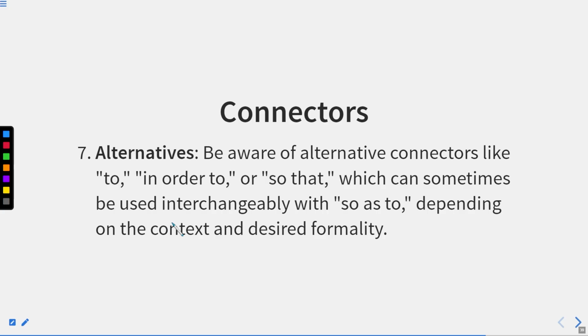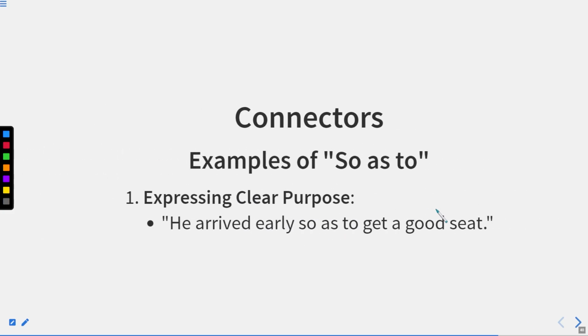It means if it is the opinion or the suggestion or the requirement of the question, it can be done. Alternatives: be aware of alternative connectors like to, in order to, or so that, which can sometimes be used interchangeably with so as to, depending on the context and desired formality. So as to can be substituted with various other prepositions.